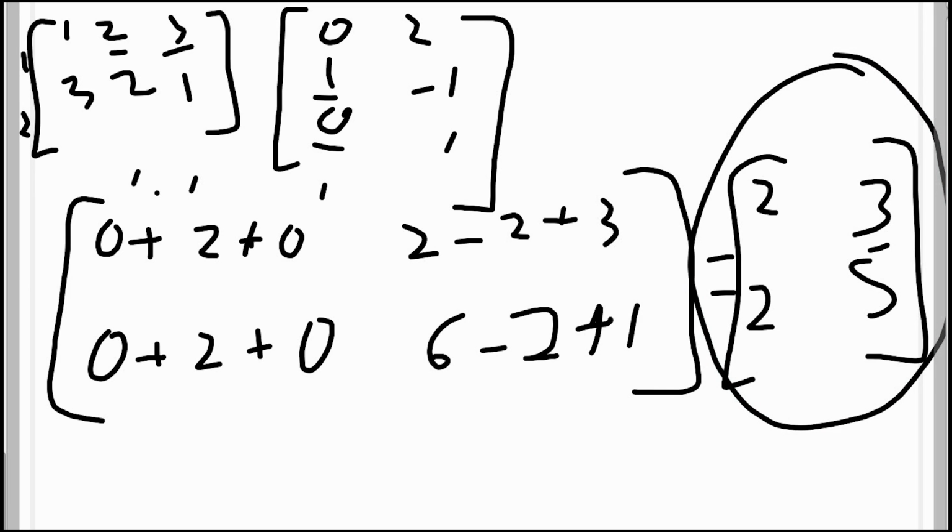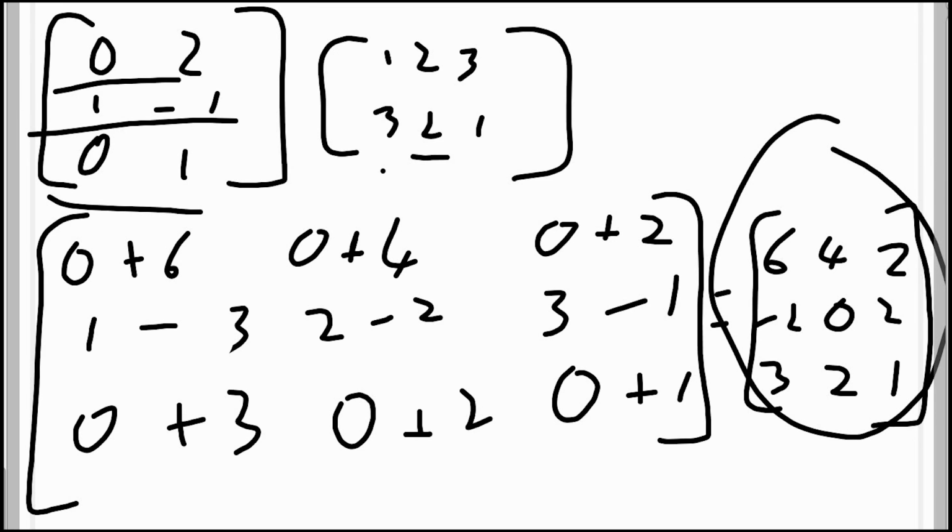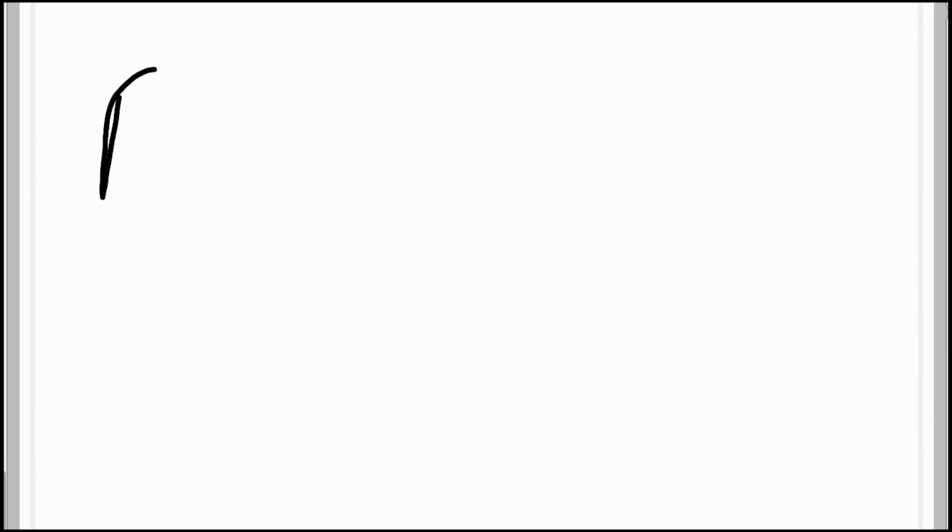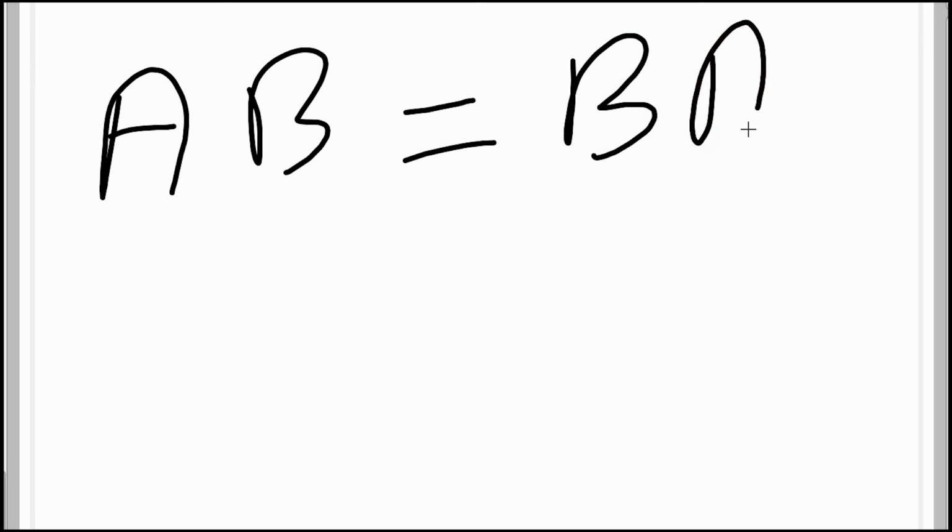So that's a basic proof to you that there's a property of matrices telling you A multiplied by B is not equal to B multiplied by A. So let me just go to the next page. AB is not equal to BA.